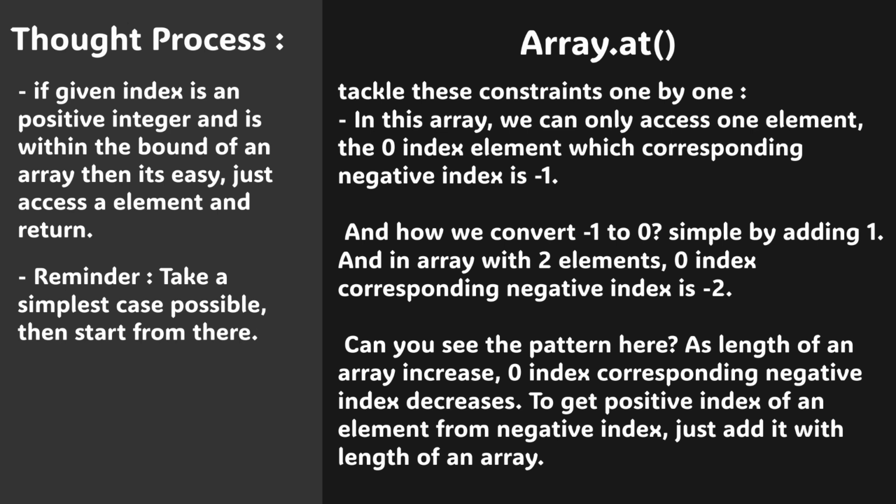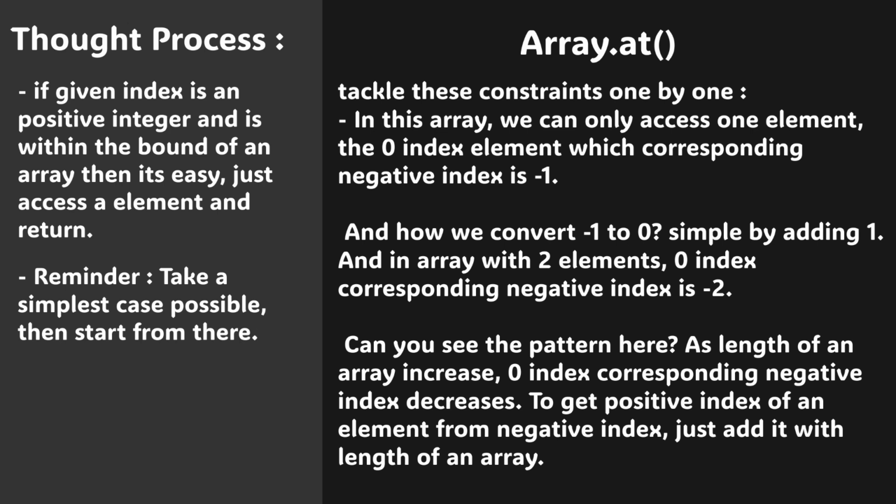Can you see the pattern here? As the length of an array increases, the 0 index's corresponding negative index decreases. So, to get the positive index of an element from a negative index, just add it with the length of the array. And it works for all valid positive indexes. You can try it out by yourself.